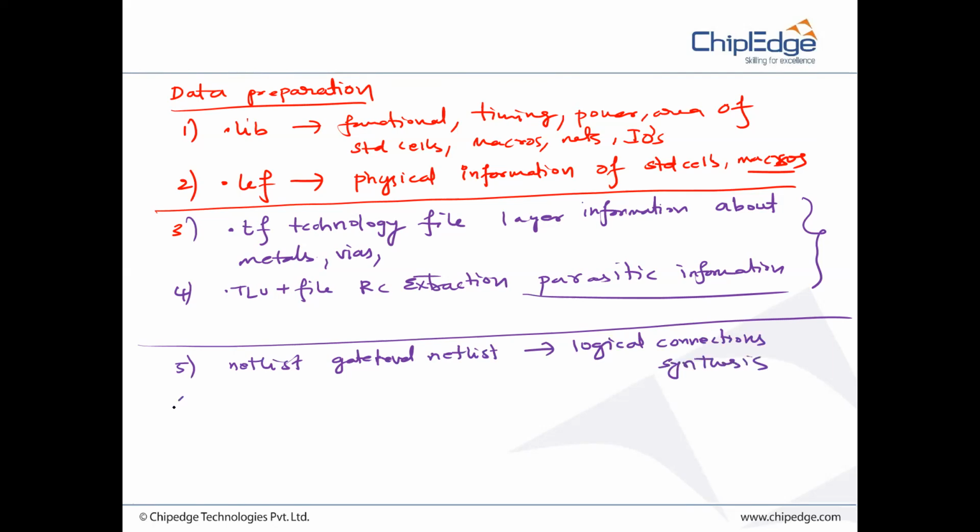In the same way you have the .sdc, design constraints, Synopsys design constraints or system design constraints, whatever it is. It has timing information about clocks, transition, load. A lot of information is present in this. By using this, we have done data preparation.